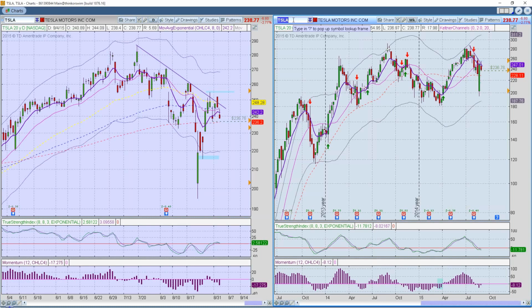The projection on Tesla is that within the next couple of years it's going to move up to about $465 per share. If it's sitting right now at $238, $240, that's a significant move. So if I'm owning the 240, 250 call leap in 2017, I could participate in a lot of that move.